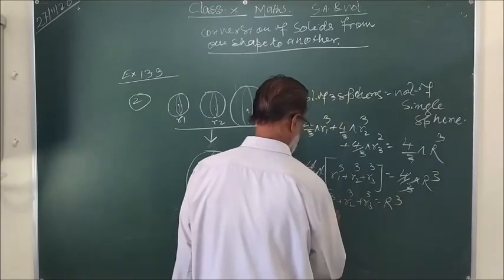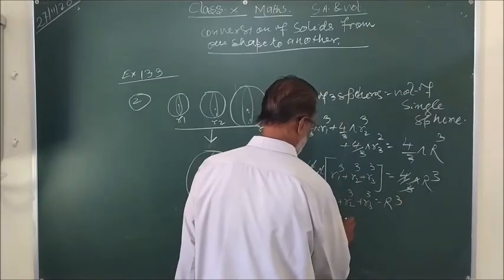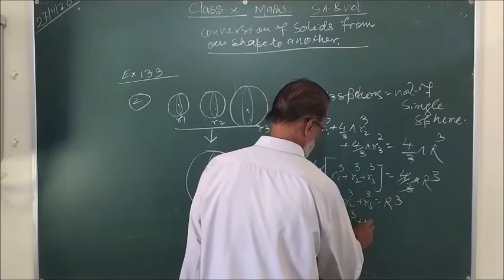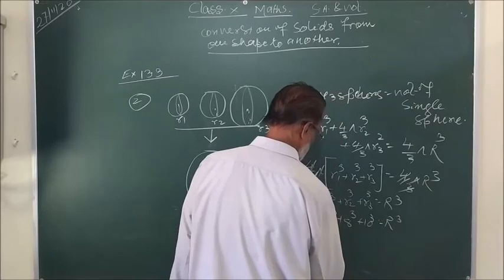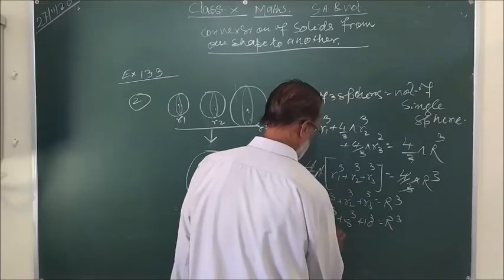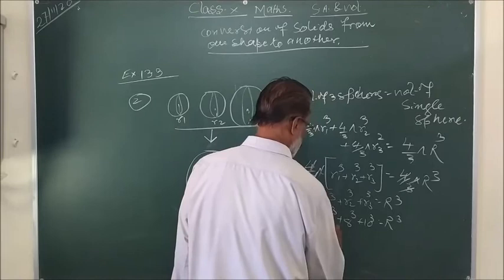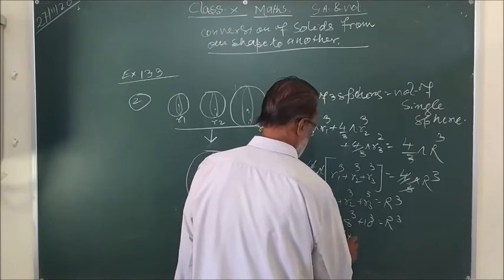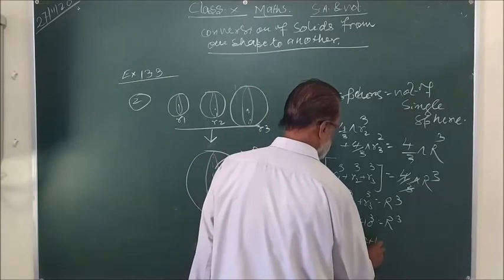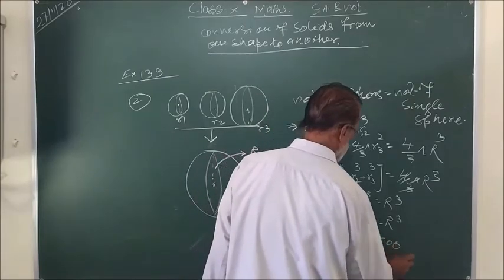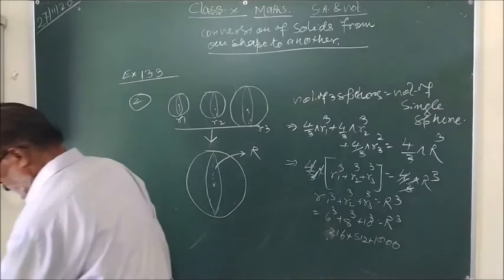Now you put the values: 6 cube, 8 cube and 10 cube is equal to capital R cube. 6 cube is 216, 8 cube is 512, 10 cube is 1000. Is this diameter or radius?